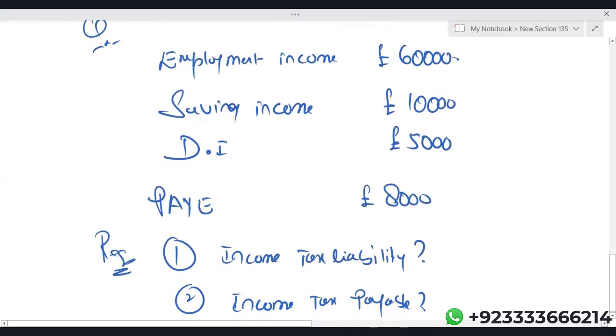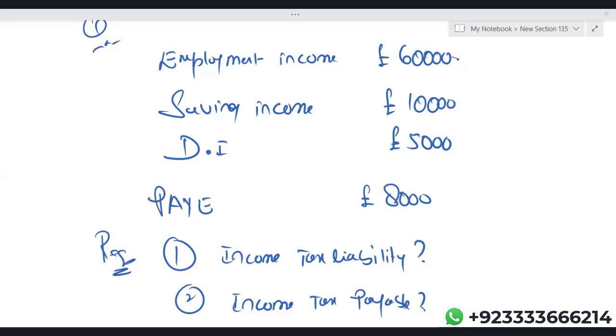So students, we have employment income 60,000, saving income 10,000, dividend income 5,000, and PAYE 8,000. You need to calculate income tax liability and income tax payable. I'm giving 3 minutes to everyone. Please attempt this, then we are going to solve it together as well. But I want you to attempt this, please. Students, any answer?